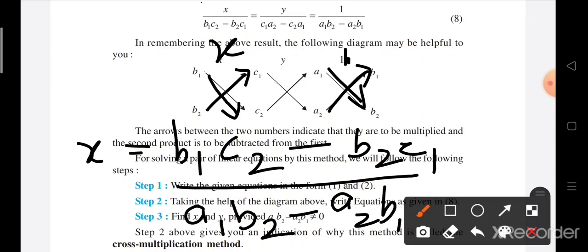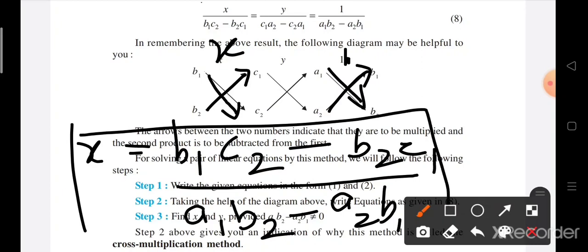This gives you the solution for x. Clear? Again I am telling you with the red color. For finding x, b1 into c2 minus b2 into c1.